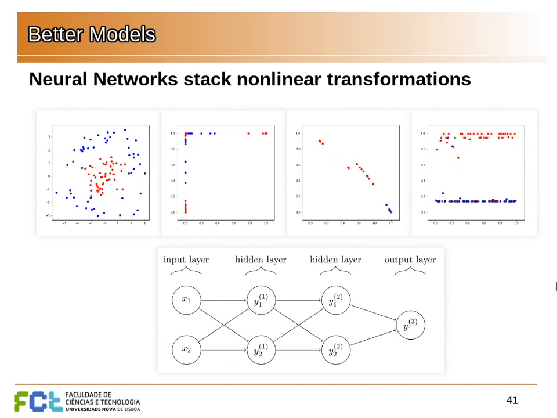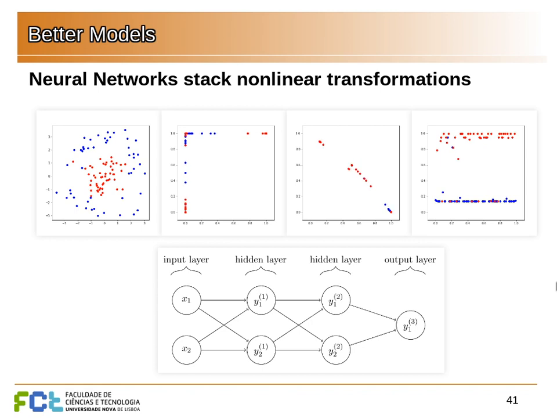Each layer will give a different representation of the data, and then at the end, for example, here we have the blue points surrounding the red points, but at the end, the representation that this final neuron is going to receive makes it easier to separate the red to one side and the blue to the other, because now they are pretty much separate here.